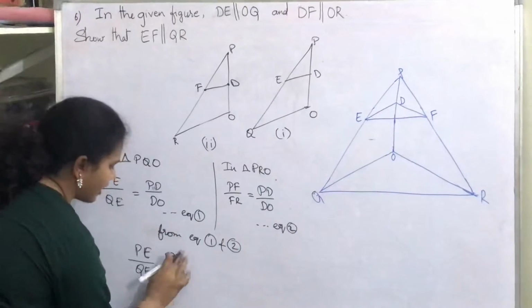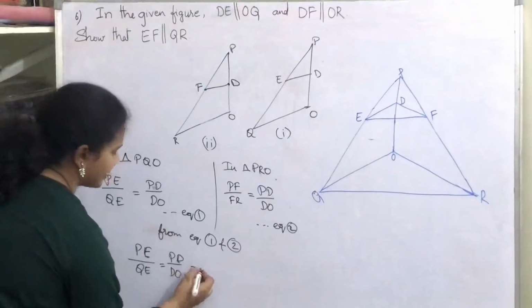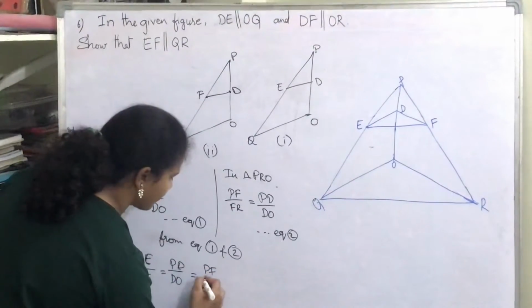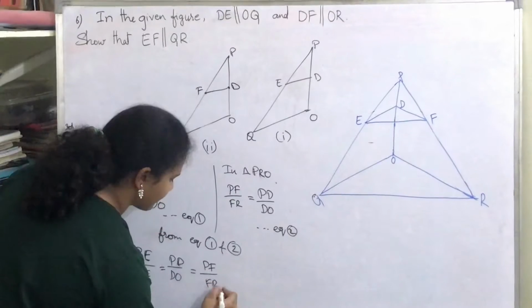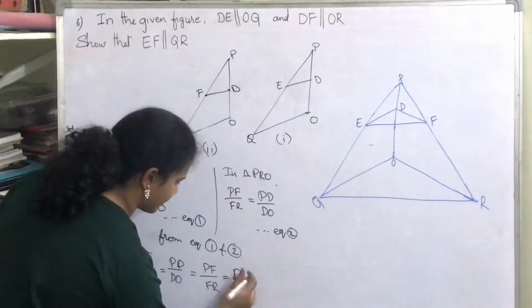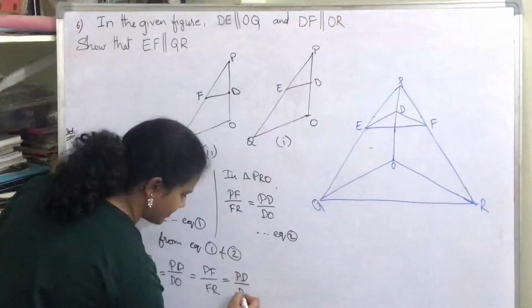So here I got equation 1 like this. PD by DO equals to, you have equation number 2: let me write down PF by FR equal to PD by DO again. PD by DO, right?